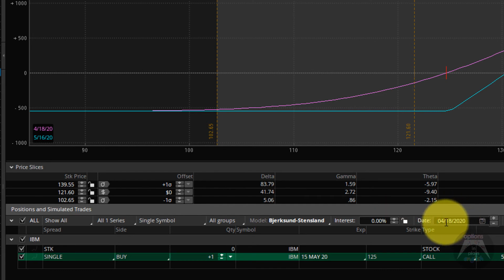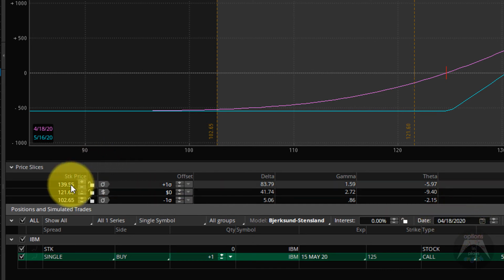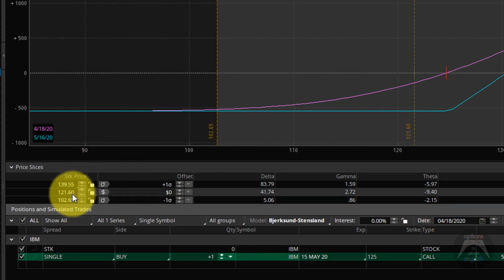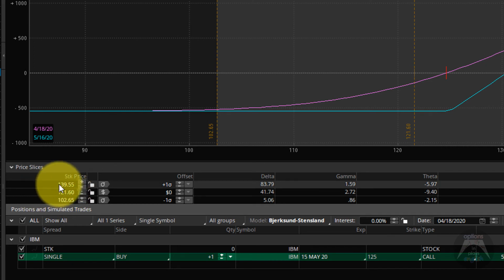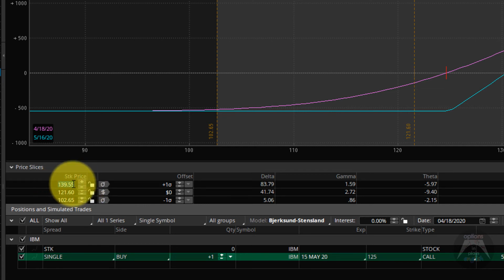What will happen if, on this day, right now we have today, the underlying is trading at 121. What will happen if today, not at expiration, but today, the price went up to 139.55? So let's say 140, just for the sake of the example.